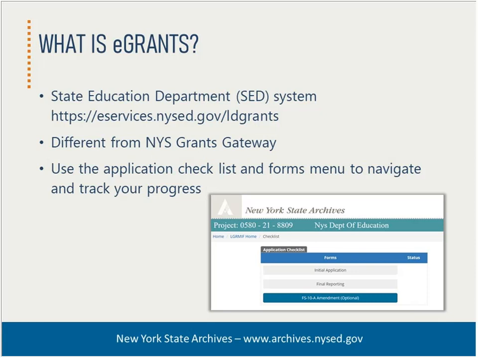These links take you to the various forms needed to complete your application and any final reports or amendments if you are successful in receiving an award. As you complete each required online form, be sure to save your work often. You will be timed out of the system after 30 minutes of inactivity.